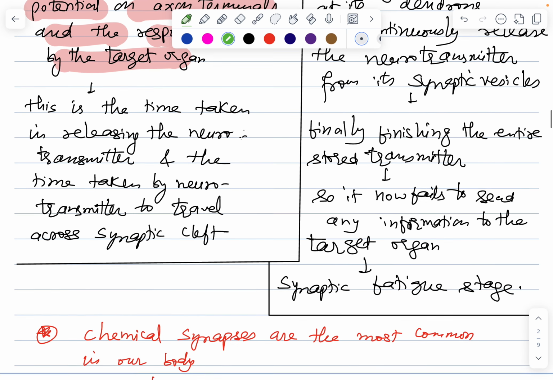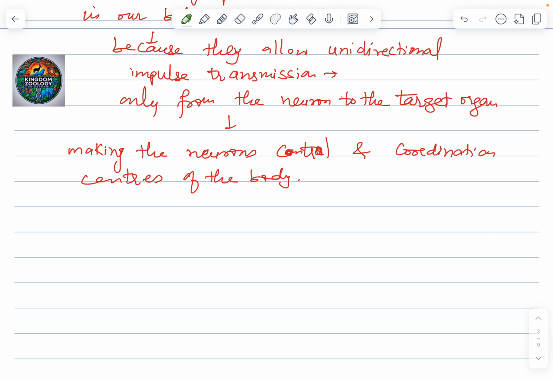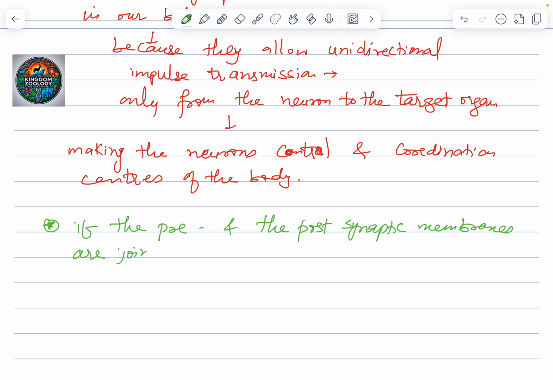Okay, so if the presynaptic and the postsynaptic membranes are joined by proteins, the synapse would now be called an electrical synapse.